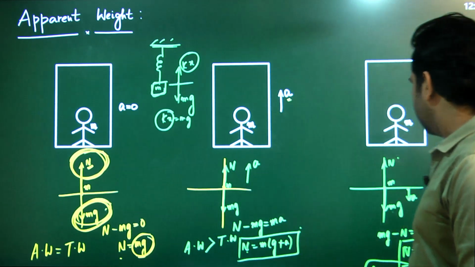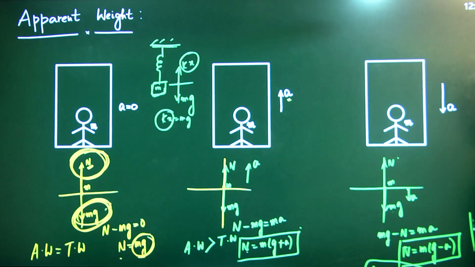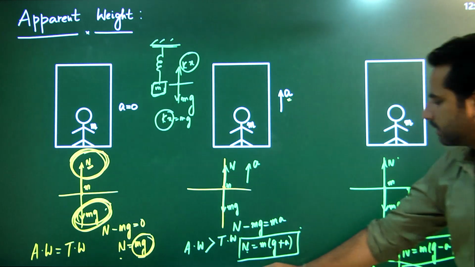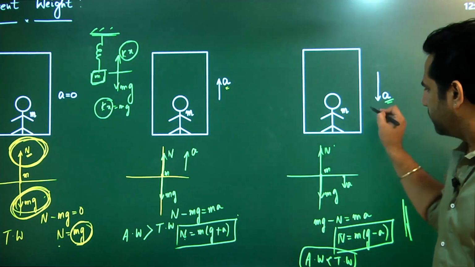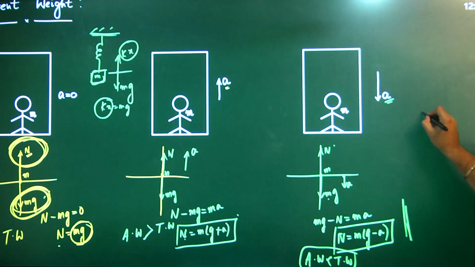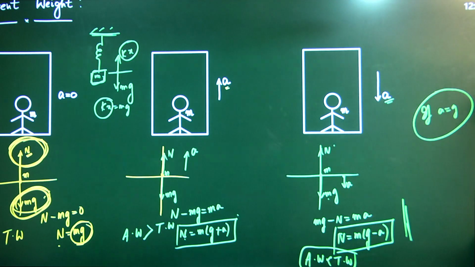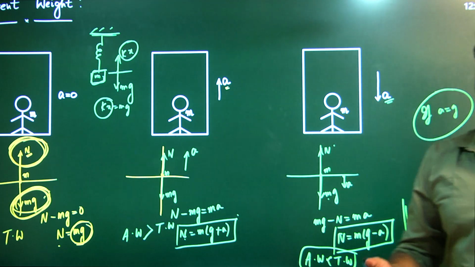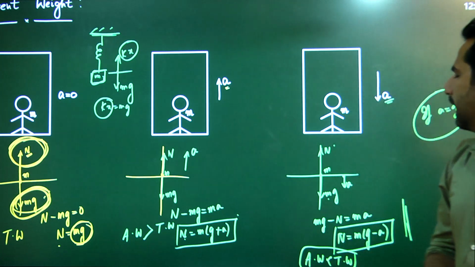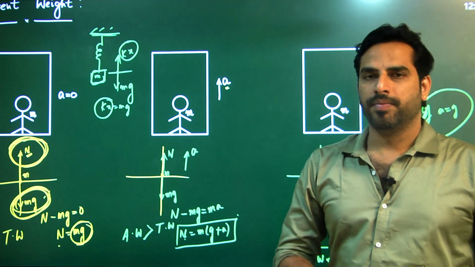Alright. Now if you observe this case, the elevator is descending with an acceleration a. By any chance, if a is equal to g, if the acceleration of the elevator equals the acceleration due to gravity, it's like the elevator is experiencing free fall.